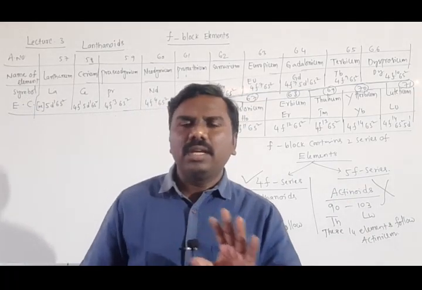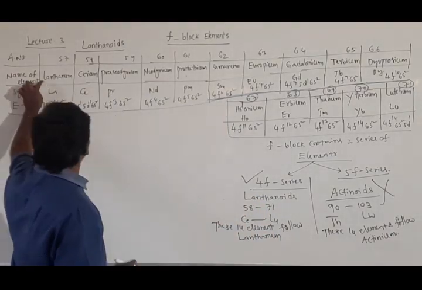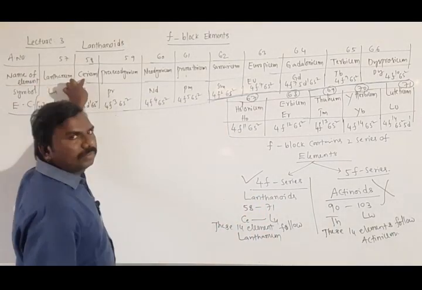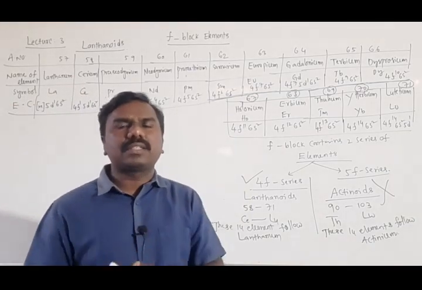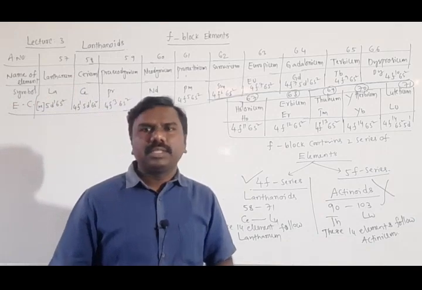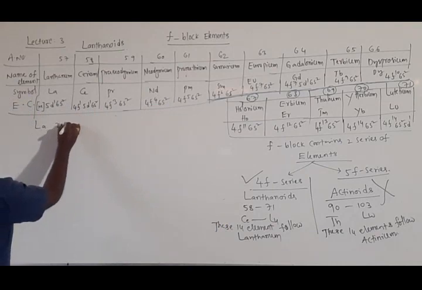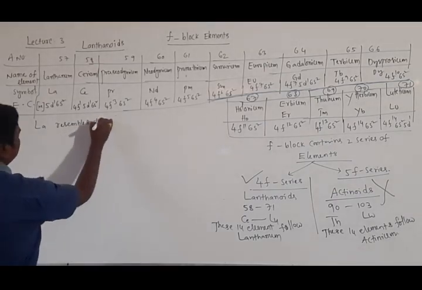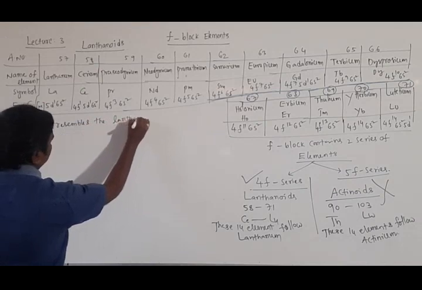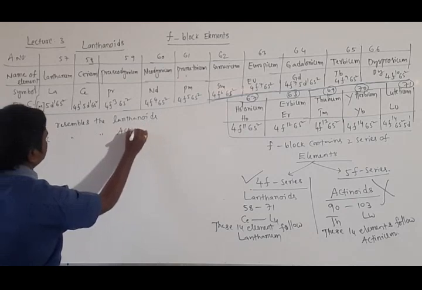Actually, lanthanum is not a 4f series element. Before this, lanthanum is there. It is not 4f series. Cerium is where it starts. But lanthanum also we will include in the study of lanthanoids because of the resemblance. Lanthanum resembles the lanthanoids, and actinium resembles the actinoids.